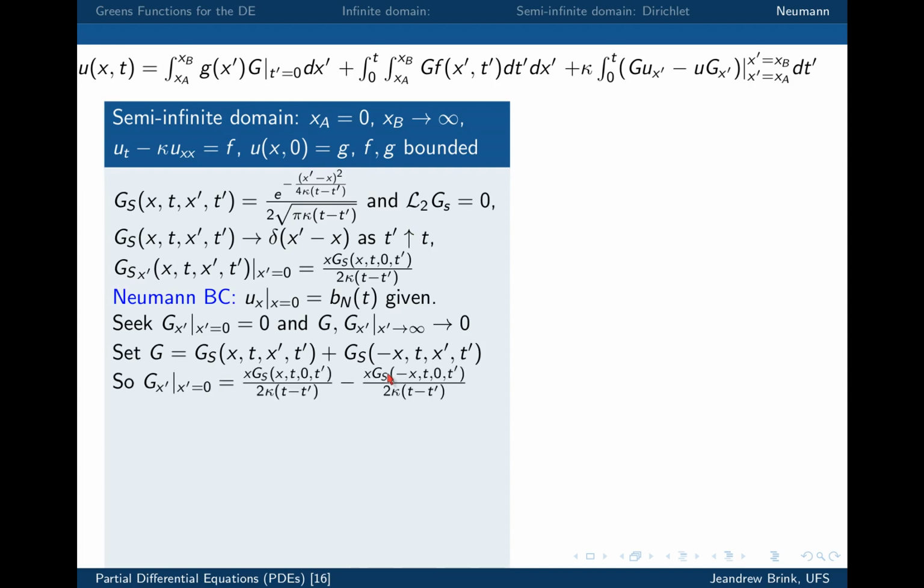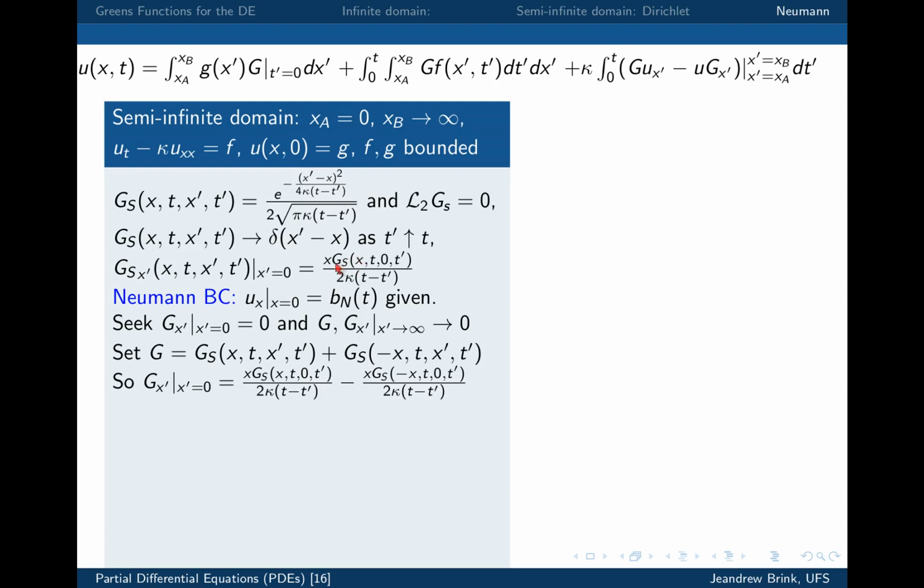And you can also prove that its derivative at x prime equals 0 is just this. Here we have g, and careful: the first naive thing would be to say that this derivative at x equals 0 is 0 because of that, but that's not what you're looking for.